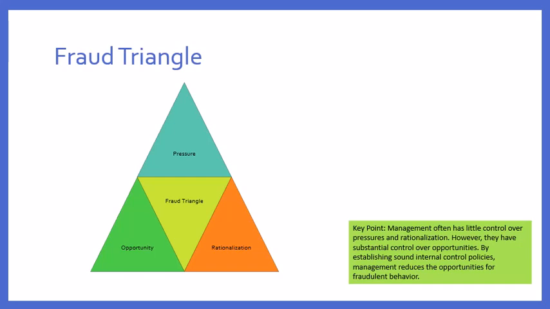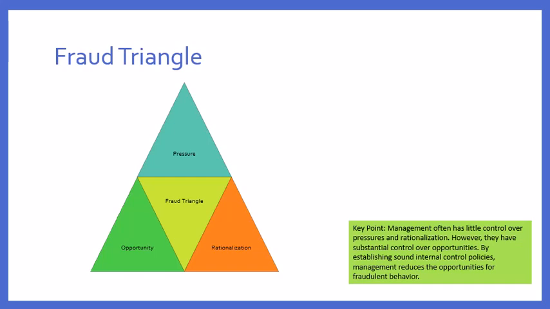So that would be pressure inside the organization. Somebody could also experience pressure from outside of the organization. For example, maybe an employee has a gambling addiction. So they might feel pressured to embezzle money from their company to pay off their gambling debts. All right. So pressure. For fraud to occur, there has to be some sort of pressure on the employee.